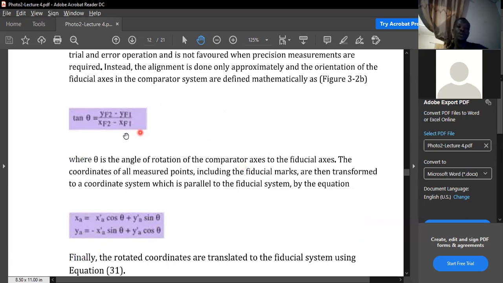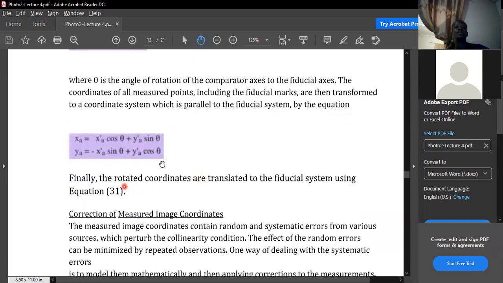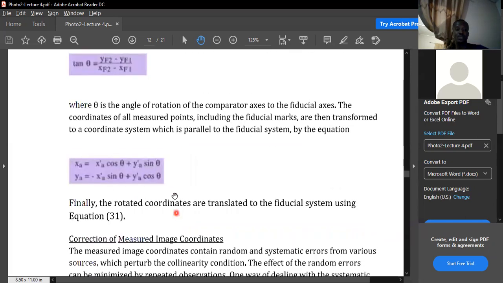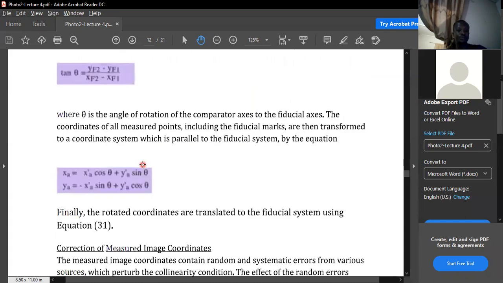So when you do a rotation, then obviously this is how you compute the angle of rotation if there is a need for one. That rotation will now convert our comparator coordinate system to a photo coordinate system using this equation. Is that okay?